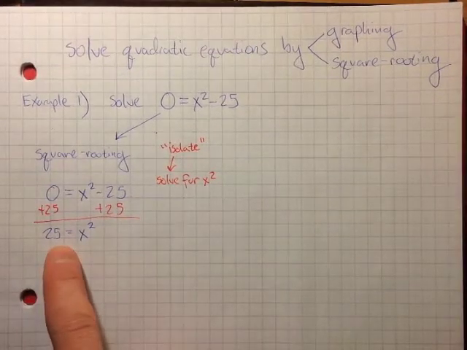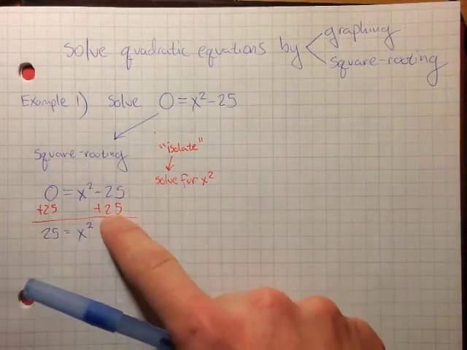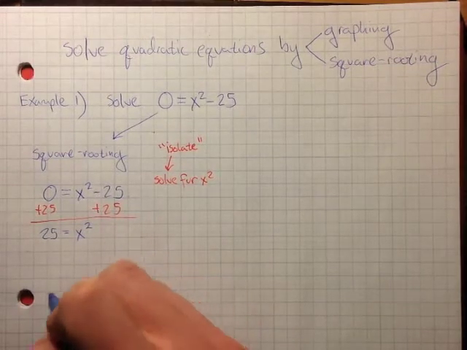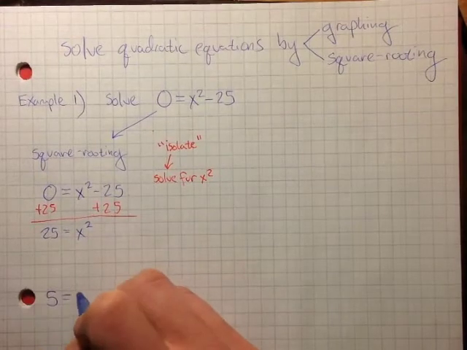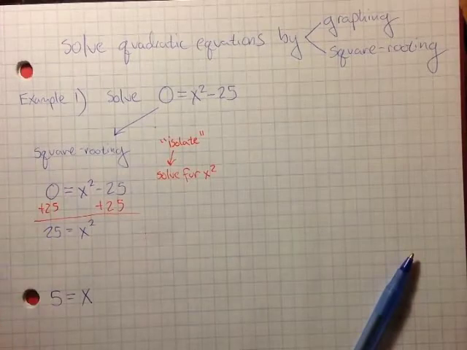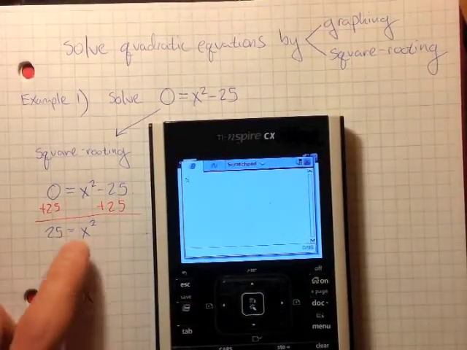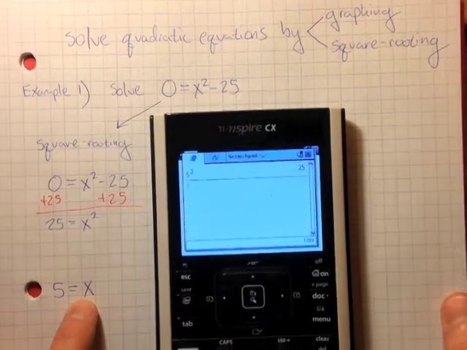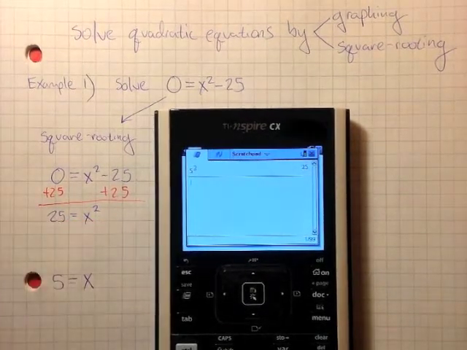Now let's think about what this equation is saying. This equation is saying, what number, when you square it, will equal 25? The first number that comes to your mind is that x could be 5, right? Because if you take 5 and square it, you get 25. But there's another number that when you square it, you also get 25.